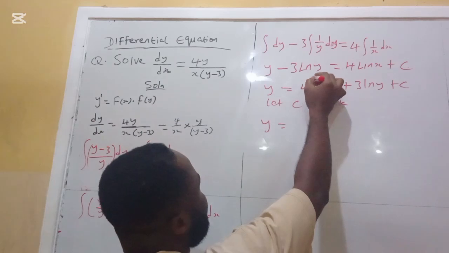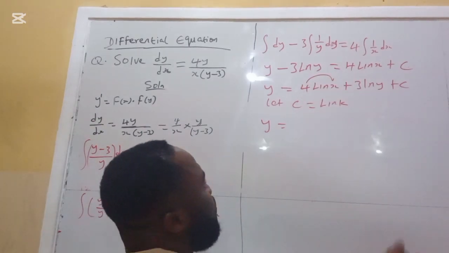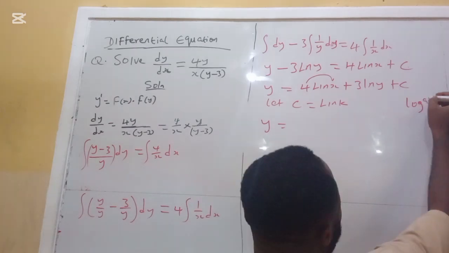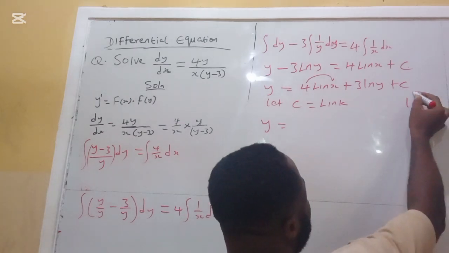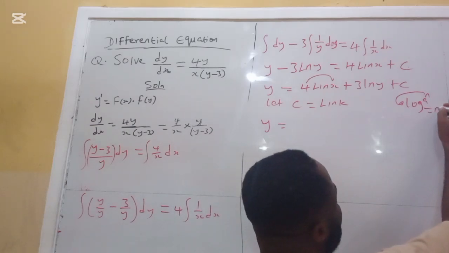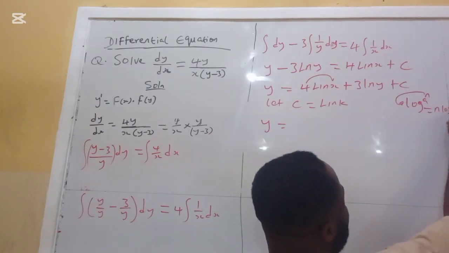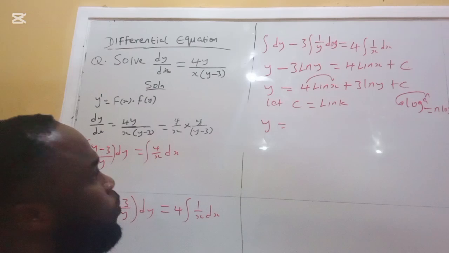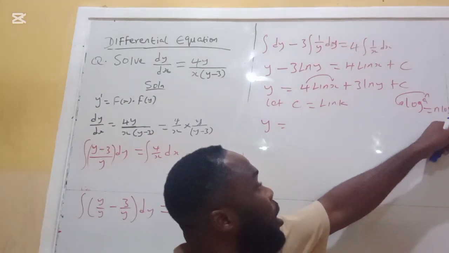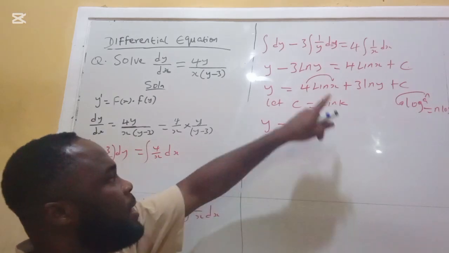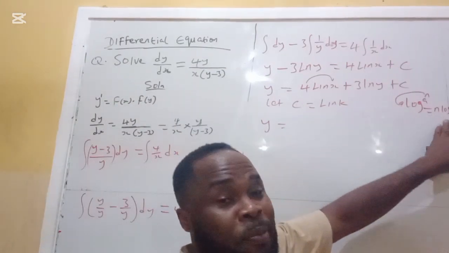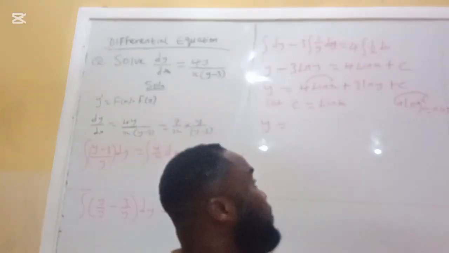Now, from logarithm, you remember that when we have something like log of a raised to the power of n, this n will come down to multiply the log, so we have n log a. The same thing is applicable, and we can equally take this n back to its origin. Remember that ln is like logarithm to base e, so it has the same properties as logarithm to other bases.